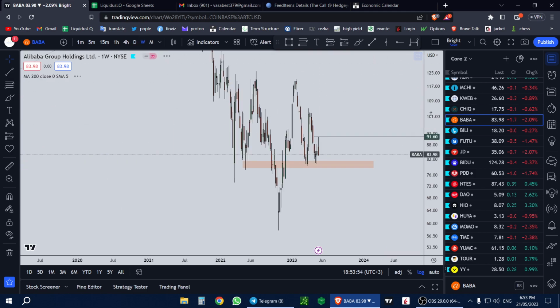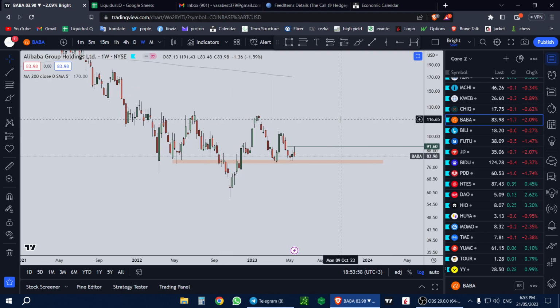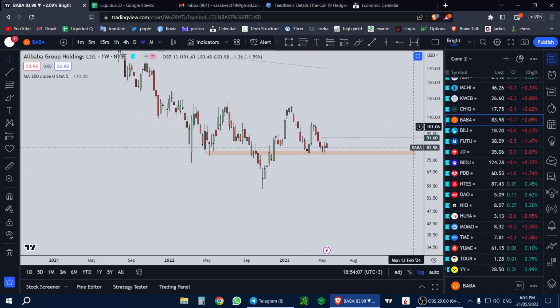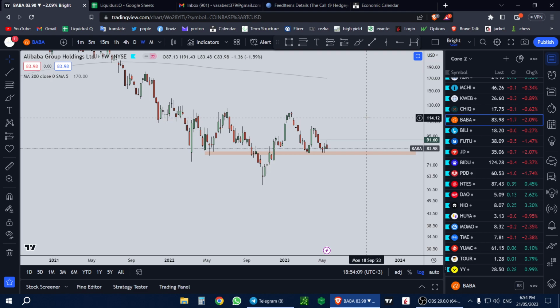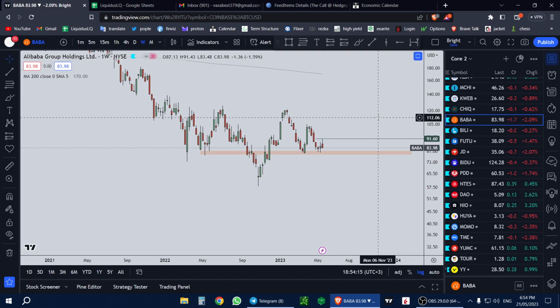Baba is pointing to the downside. Horrible chart, just completely horrible chart. Bearish trend, bearish trade. Just simply can't find support. If it breaks this level, we might see a continuation lower in Baba and therefore in the whole equity space in China. Bearish trend, bearish trade.